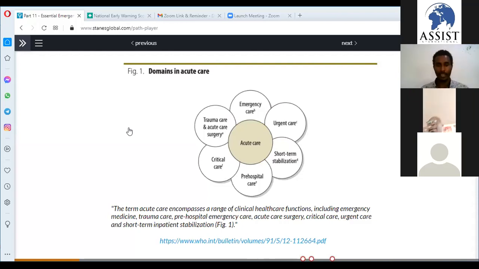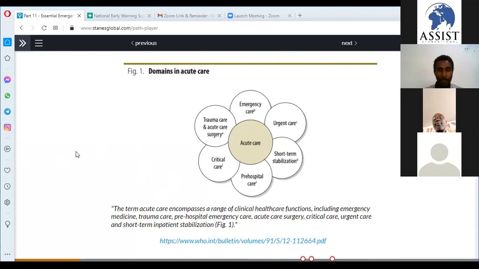Of course, as you know, it is a place where different critically ill patients are admitted, and acute care as well as intensive care therapies are implemented. So always think of these areas where acute care is important.